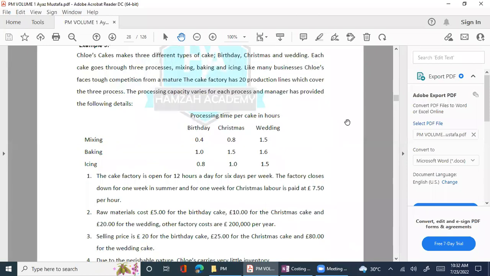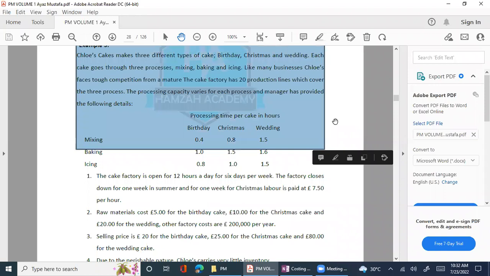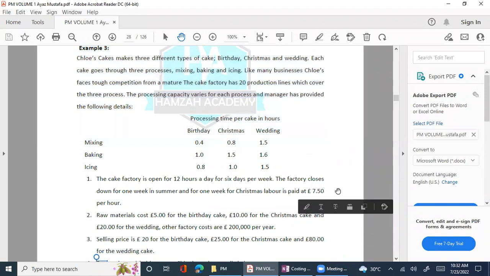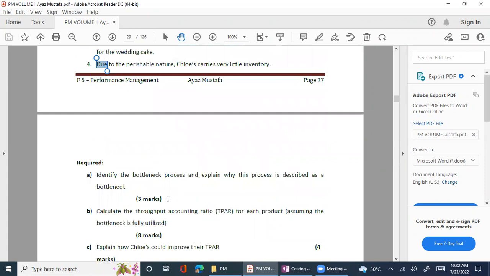So there is a more comprehensive question from your past papers, the cake company question. In this question, the first requirement is to identify the bottleneck process, then to calculate the throughput accounting ratio, and in part C, how to improve the throughput accounting ratio.